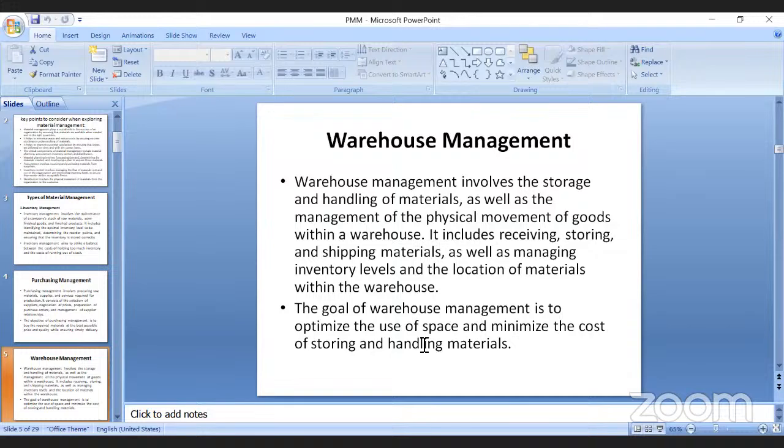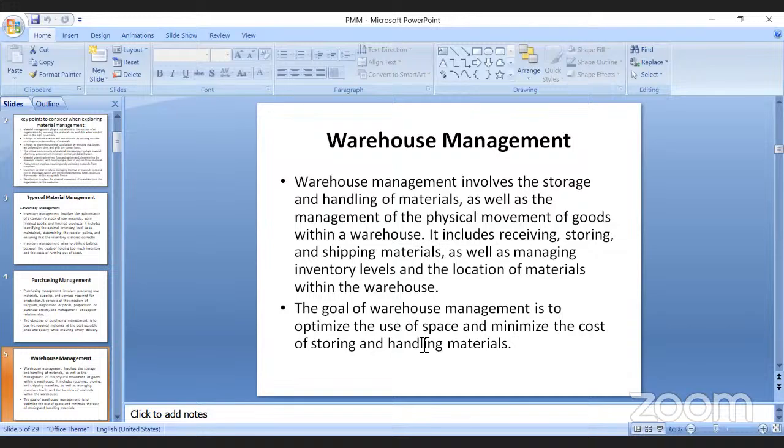Physical movement: suppose you have stored so many materials, that becomes a block. Suppose I want to give an example. You are producing a product, and suppose you are importing the raw materials. These are stocked, but your factory is not running.